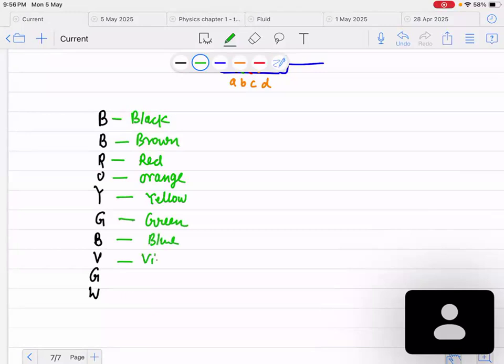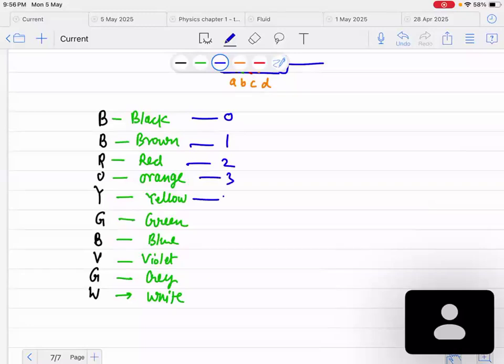V is violet. G is gray. And last W is white. And the values of these are 0, 1, 2, 3, 4, 5, 6, 7, 8, 9.